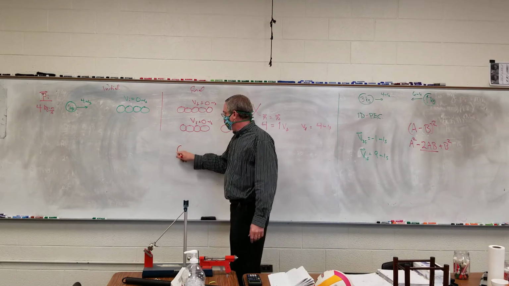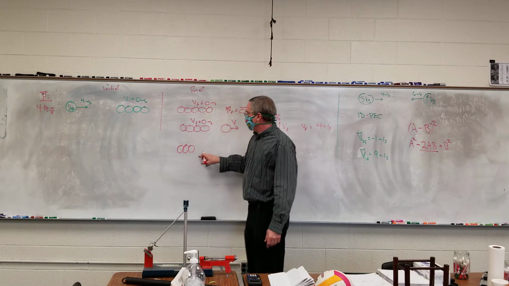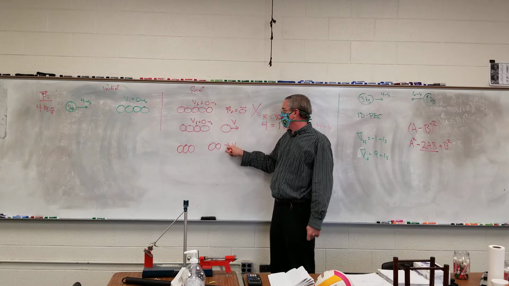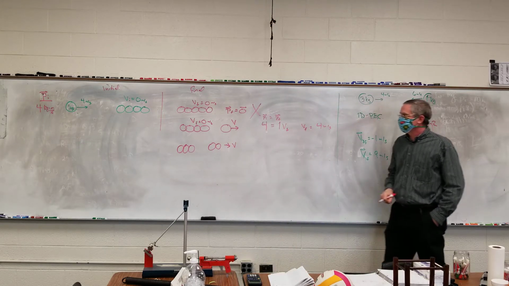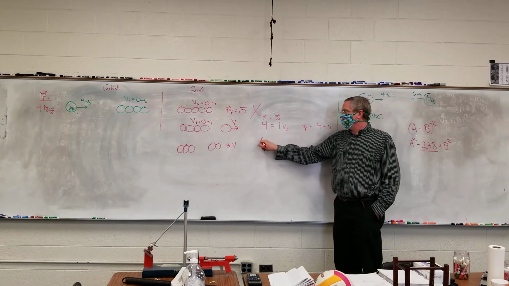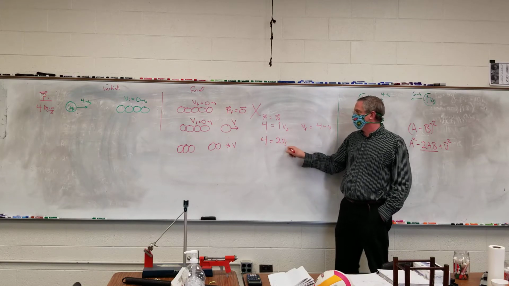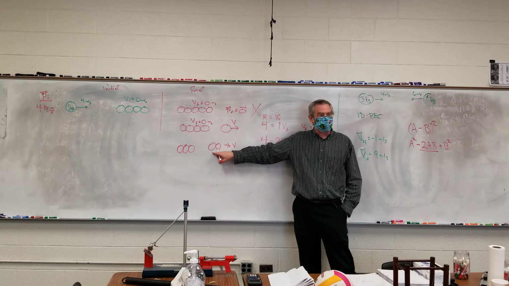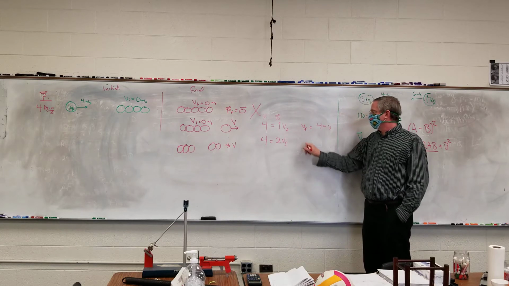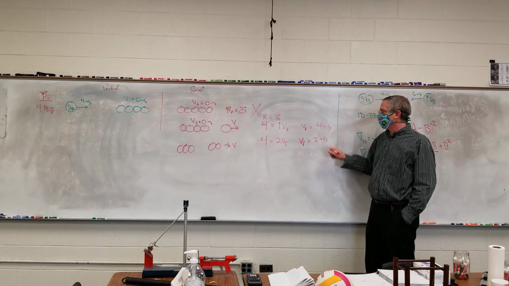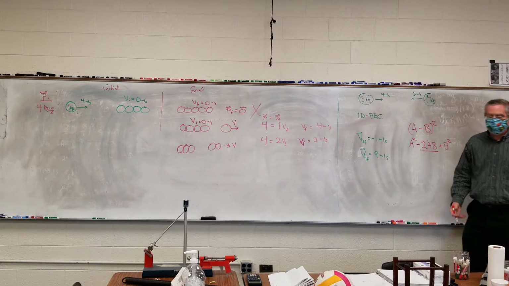Scenario number 3 is I have 3 stay behind and I have 2 shooting off at some speed v. My initial momentum is still 4. My final momentum is 2 times v final because I have 2 kilograms shooting off to the right. So v final is 2 meters per second. Momentum is still conserved.